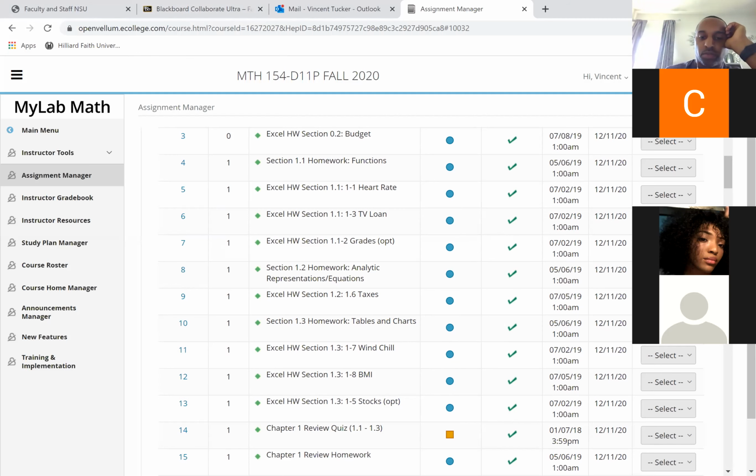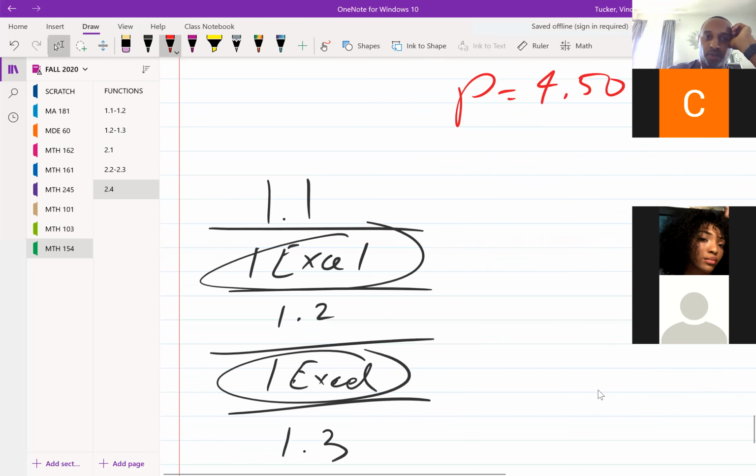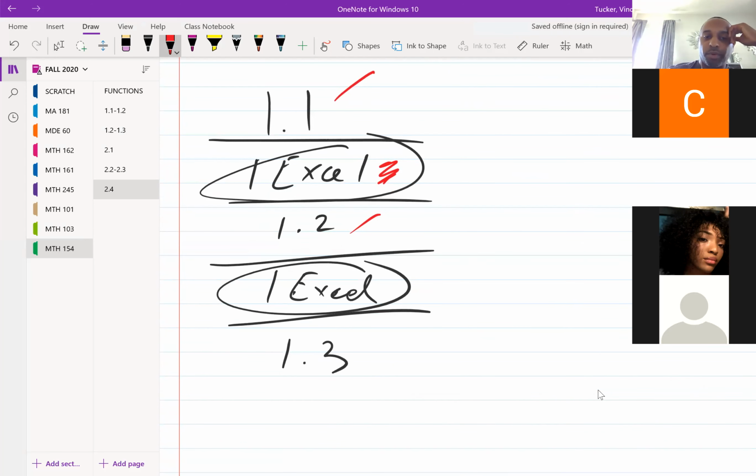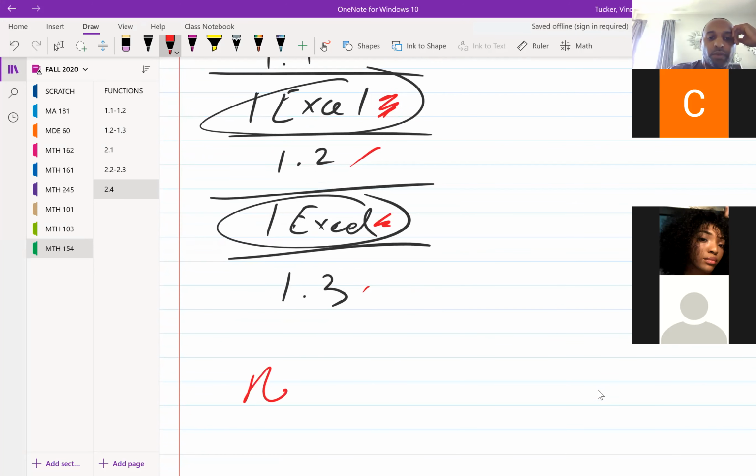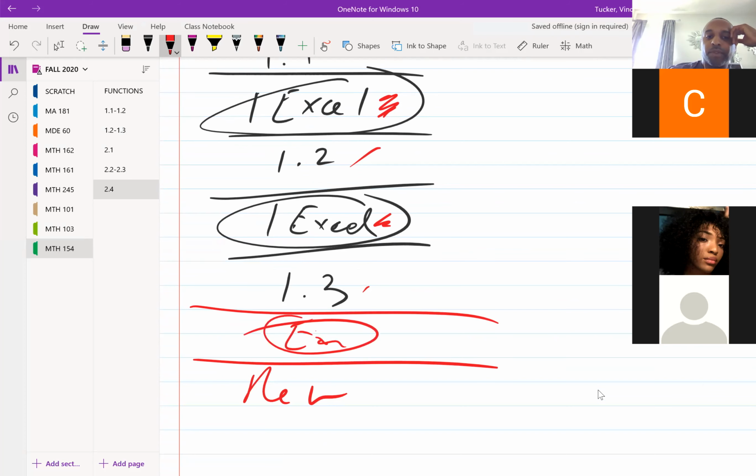All right, so going back here. So basically you have your homework. In between that, you should be doing at least one of those Excel assignments. 1.2, 1.3, in between there, you should be doing 1 Excel assignment. Then I think there's a review here. So in between the review and the 1.3, you should at least do one Excel assignment.